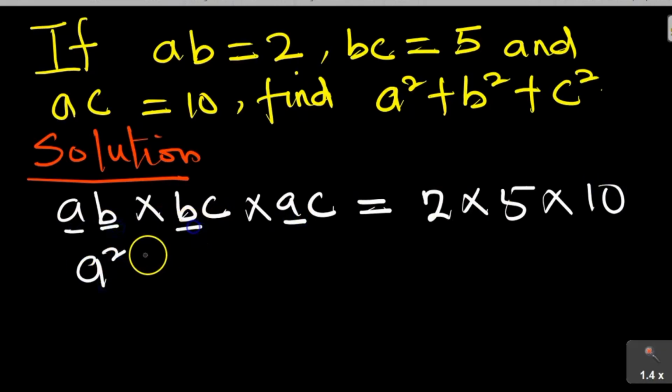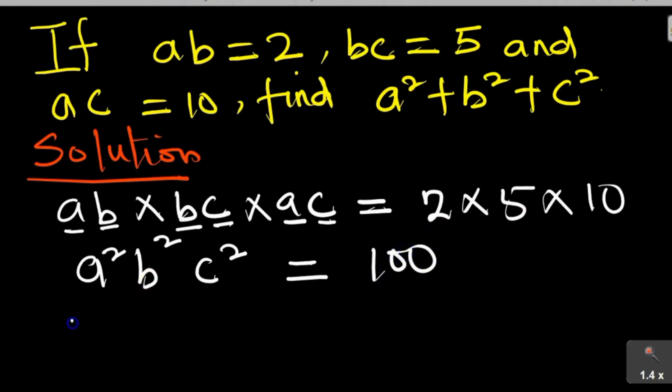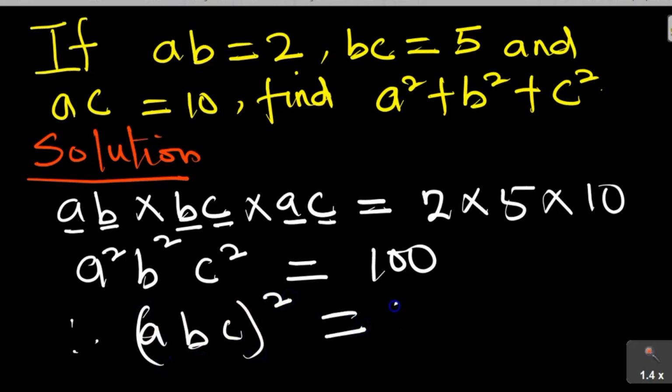This B times this B is B². Then this C times this C is C². To be equal to 2 times 5, 10, 10 times 10, 100. Therefore, ABC all squared is equal to 100.